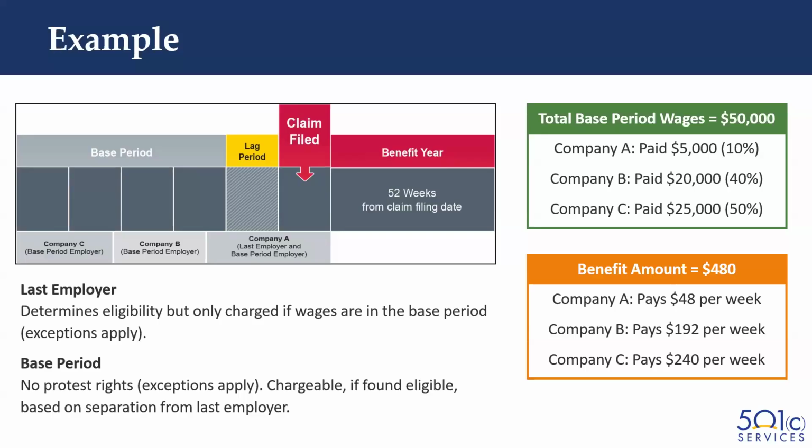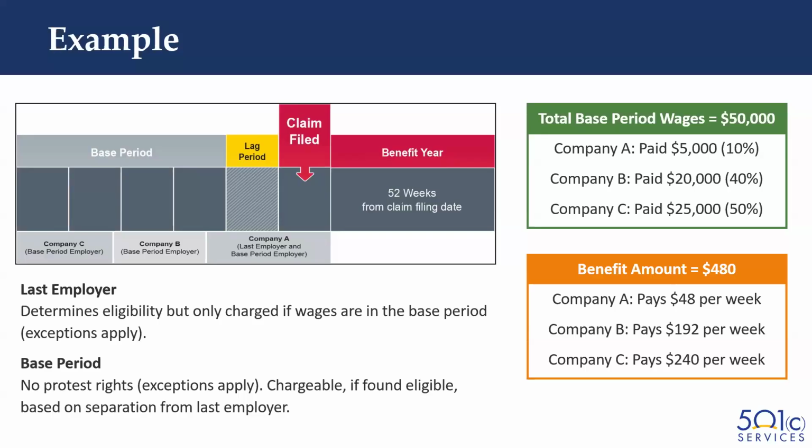Well, when you're a reimbursing employer, you only reimburse for actual benefits. You don't pay into a pooled fund. And so you have to pay your portion of those base period claims when you're not the last employer. Now, seems unfair? Well, sometimes it works in your favor.